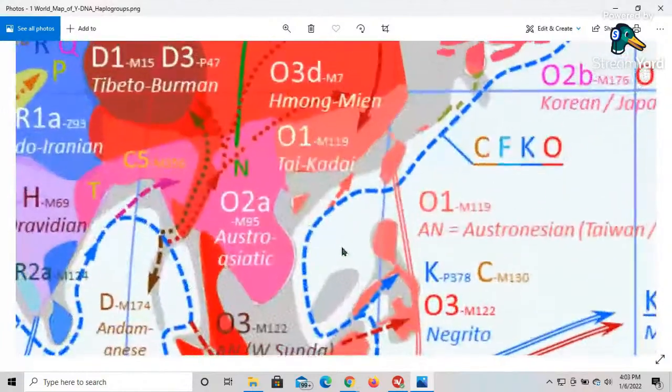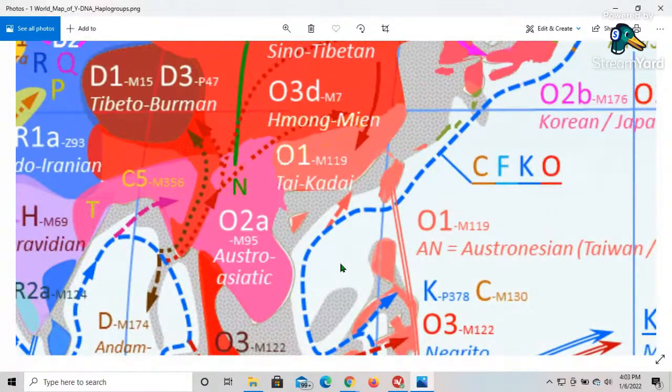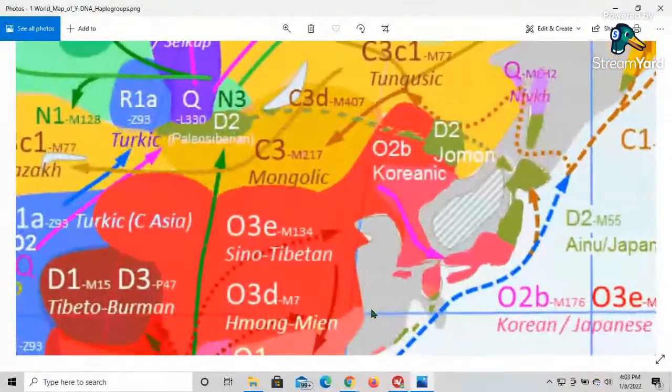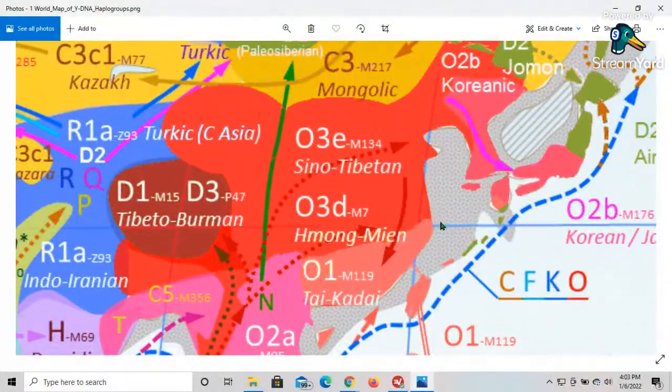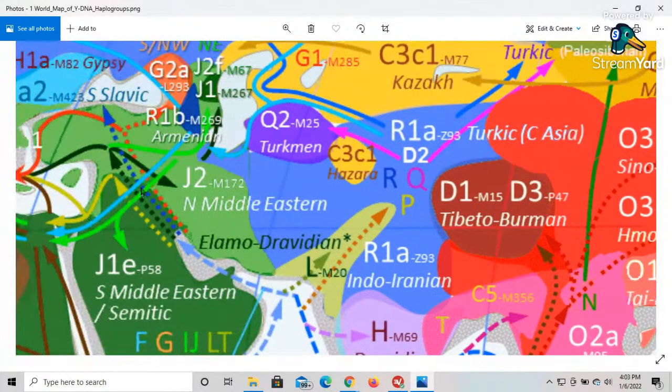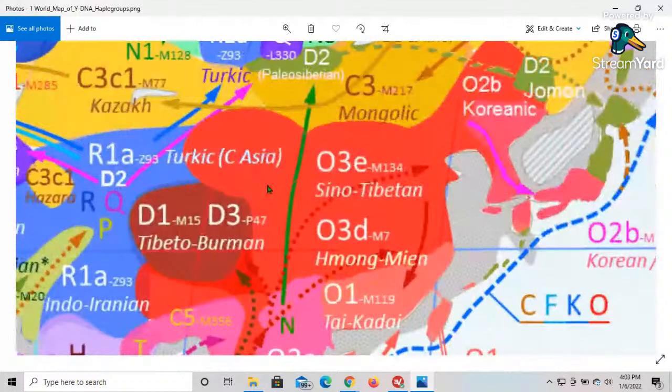Even some of the mitochondrial maternal lineages start making more sense, because not only is there Middle Eastern mitochondrial lineages, but there is a Semitic, Asiatic mitochondrial lineage as well, which would be the A haplogroup in America, would be the Asiatic.